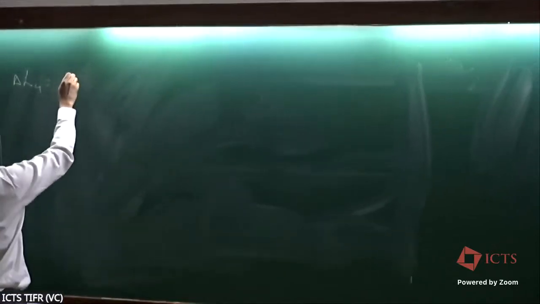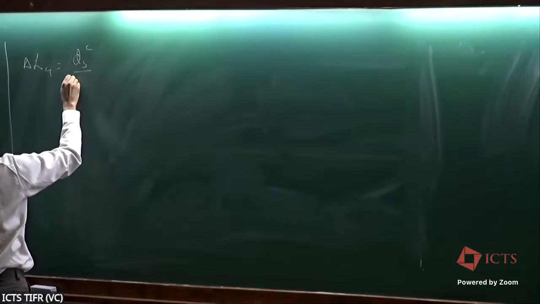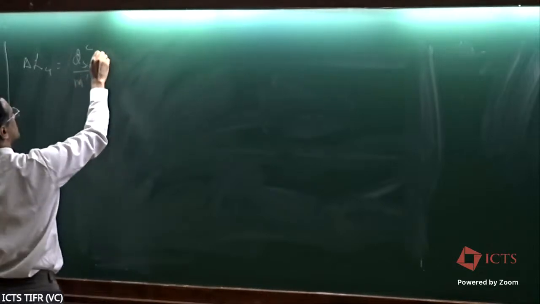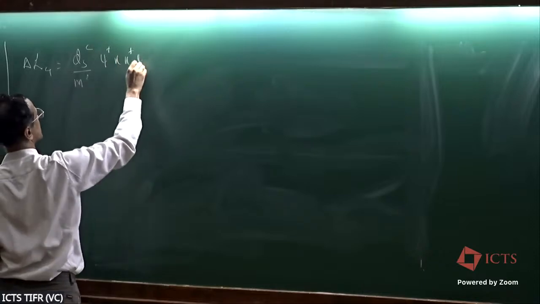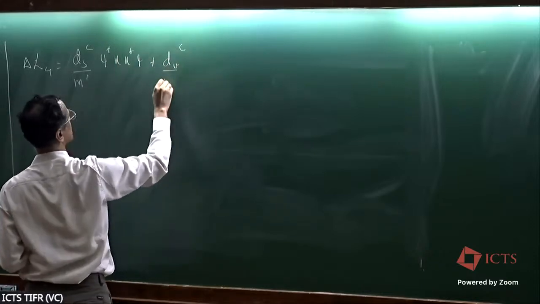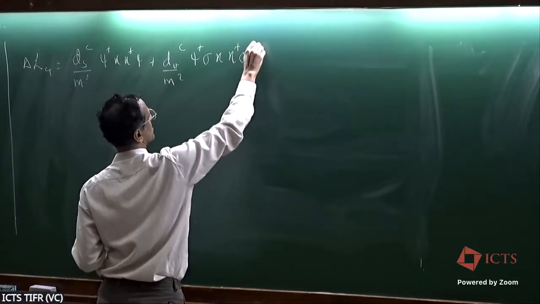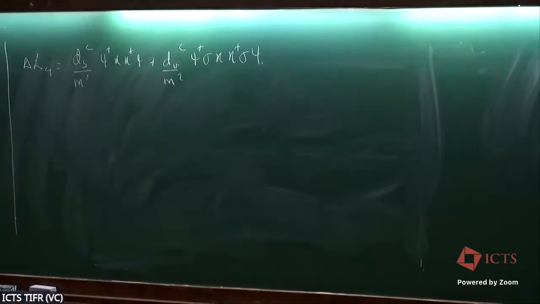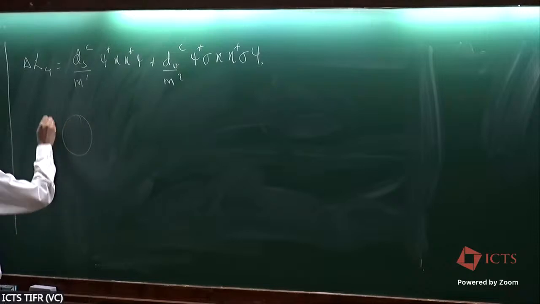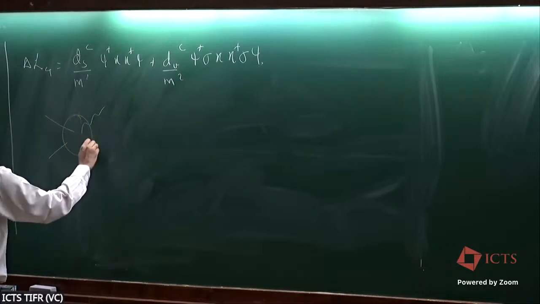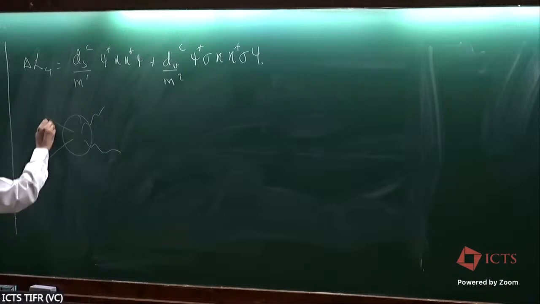The Lagrangian delta L four equals to... The process that can be physical is E plus E minus goes to 2 photons at the very least. Maybe you need 3.